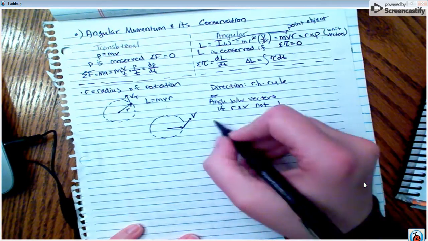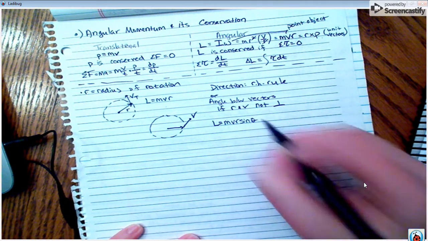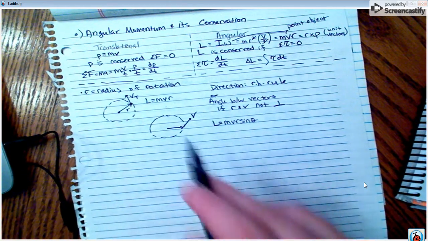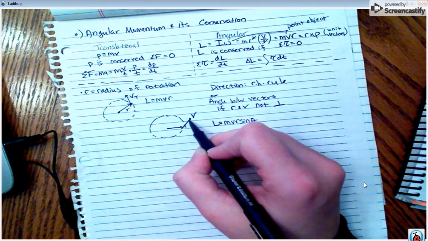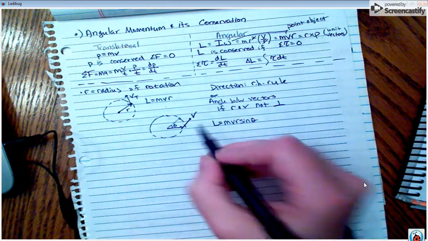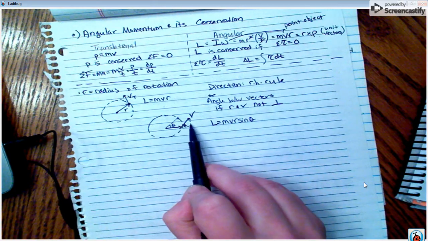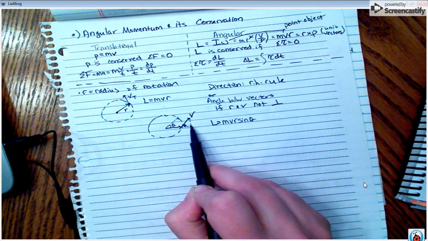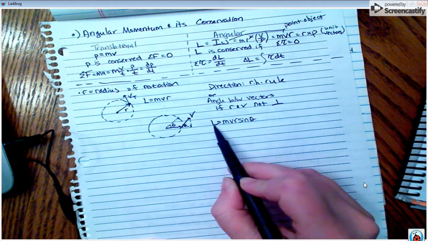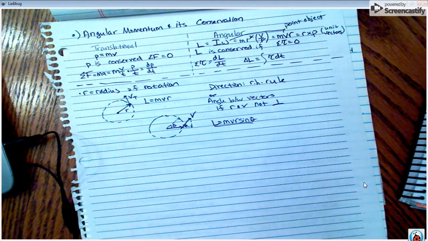If they're not perpendicular, then we have the same equation, same as with torque, where we only care about the perpendicular component or the tangent component. So we're going to do sine. If we put this vector over here, we're finding this angle. We want our perpendicular component, so that's why it's the sine.